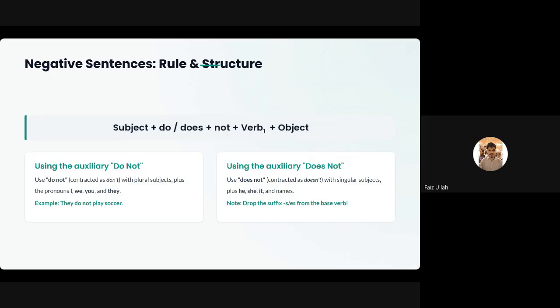First, if you are able to articulate your thoughts in a clear manner, you have mastered step 1. If you are fluent in that language, this is step 2. If you are accurate in that language, this is step 3. If you are appropriate, meaning sequencing, if you can present your thoughts in a sequence, like if I'm telling you a story and it has a proper beginning, middle, and end, this is the 5th level.